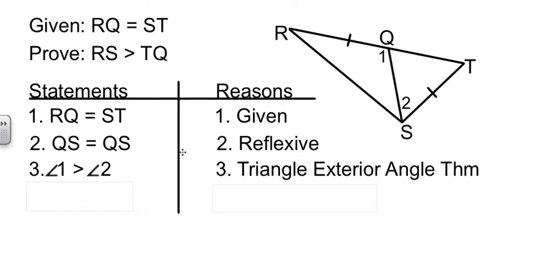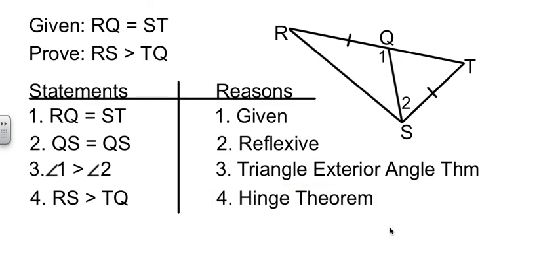I think there was probably an inequality in there sometimes, but just by saying that I know what you mean. So now since angle 1 is bigger than angle 2, that tells me RS is greater than TQ because of the hinge theorem.